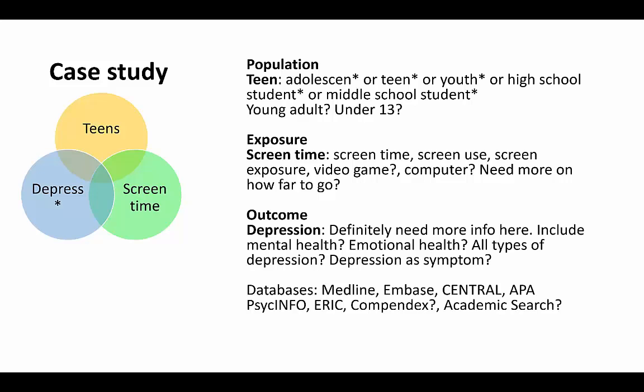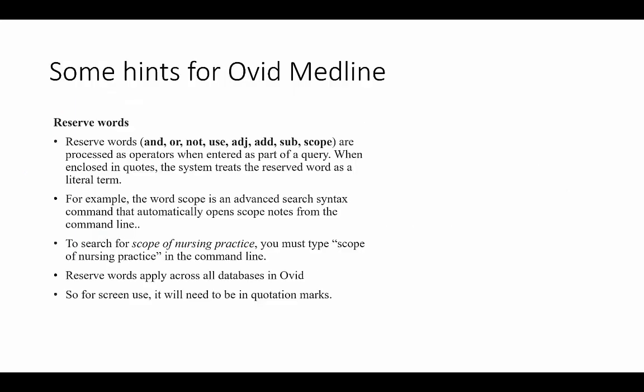And so I did put a little slide in here. It's not often that I get to talk about this as an issue. It's just when I came up with this as an example and I did my search, I was like, oh yeah, I forgot about that. So in Ovid Medline, and, or, not, use, ADJ, all of these things in bold are operators, so they mean something.